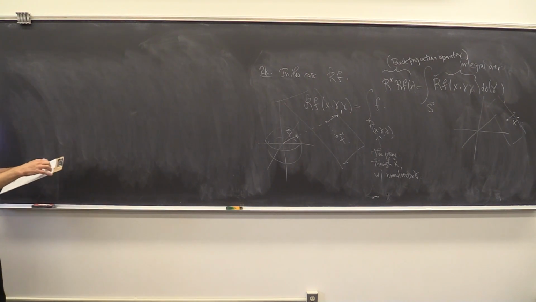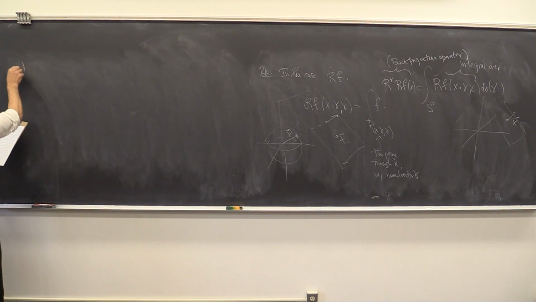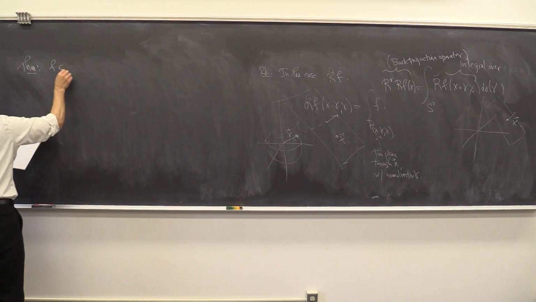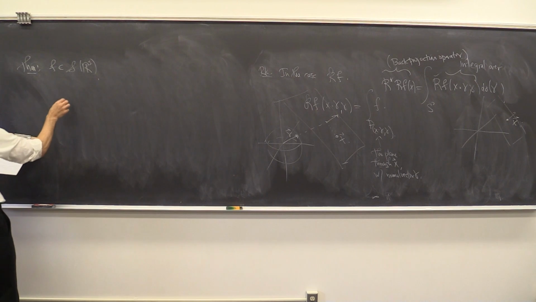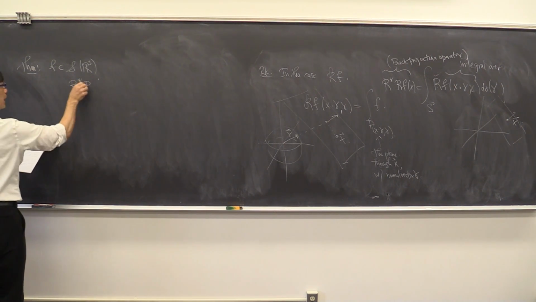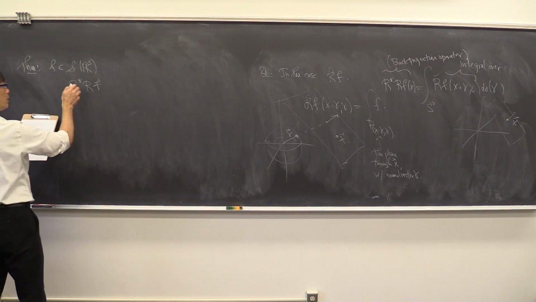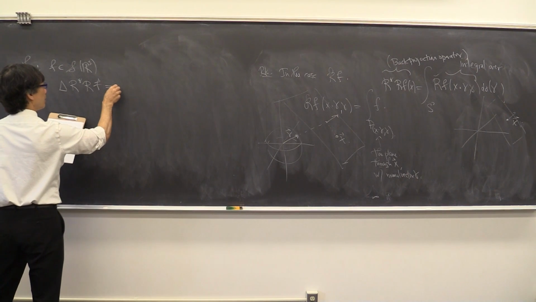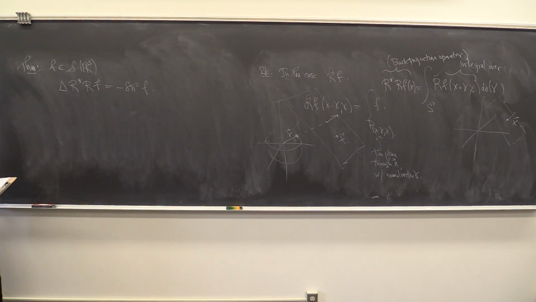So here it is. For f in the Schwartz class on R3, if we take the backprojection operator and then take the Laplacian of it, we recover our function with some constant.